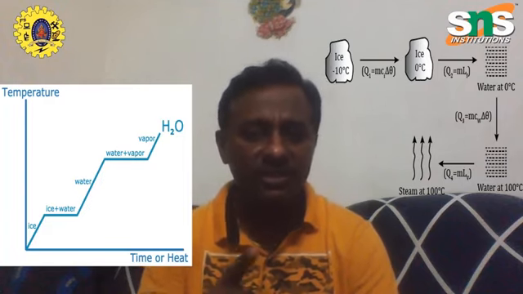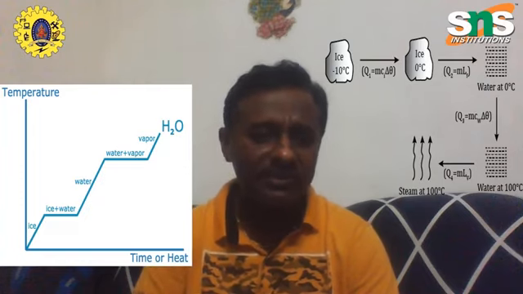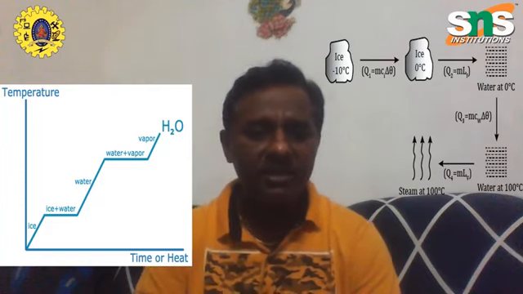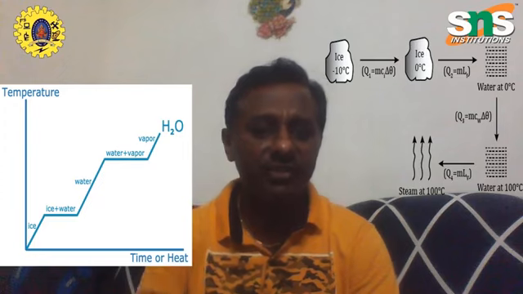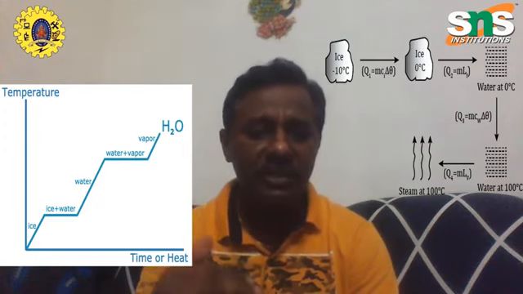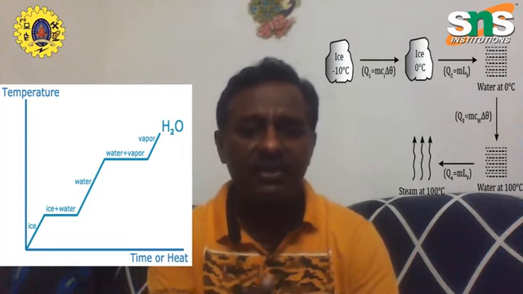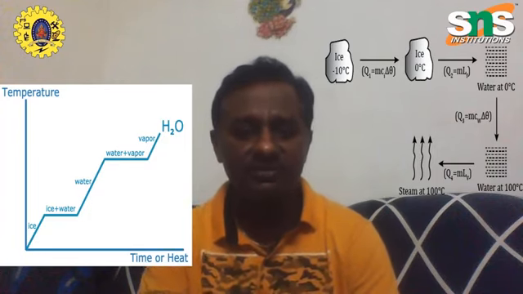Ice at 0 degrees Celsius is always existing, and the ice at 0 degrees Celsius is to be converted into water at the same temperature. So it's a constant temperature process, and at the same temperature the heat is added, so the phase of ice becomes the water phase.